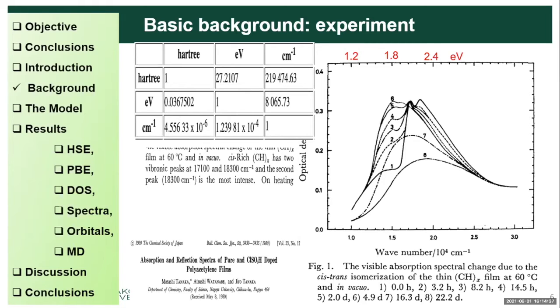When they applied the heating to polyacetylene at 60 degrees Celsius, the broad band in the region of 1.5 becomes more intense, and the 1.8 into 10 to the power 4 wave number then becomes weaker.